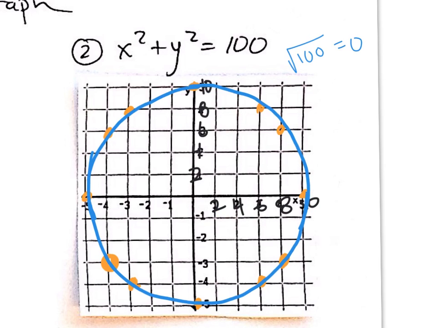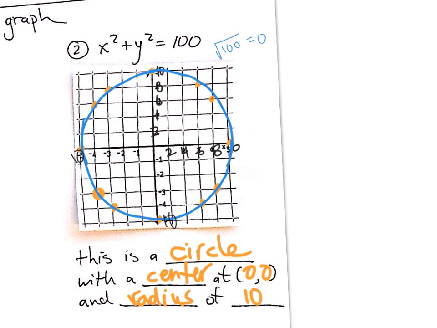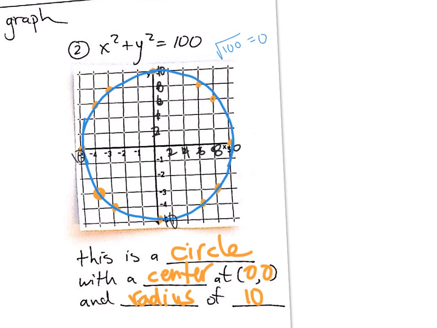You might want to scribble that in, and then you can add any level of detail you want. But in order to fit it on there, we're changing the axes to out of 10 instead of out of 5. This is a circle with a center at 0, 0, or the origin, and a radius of 10.